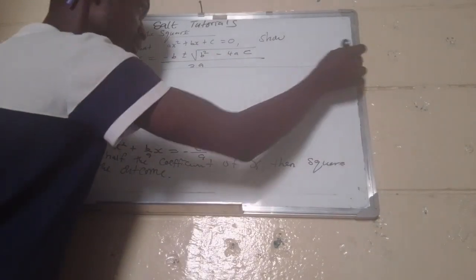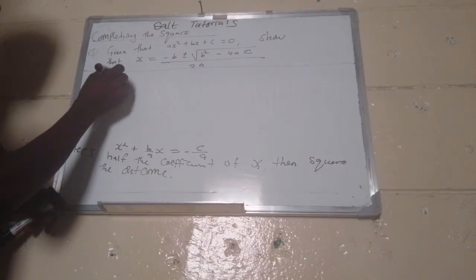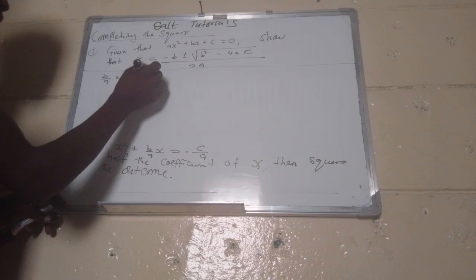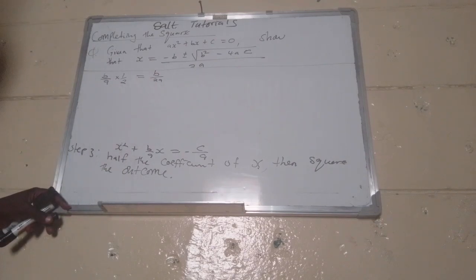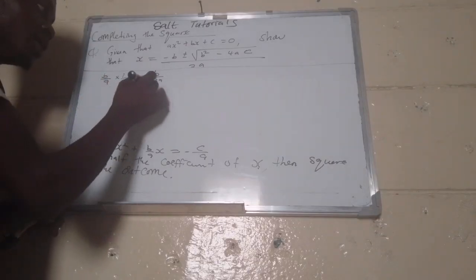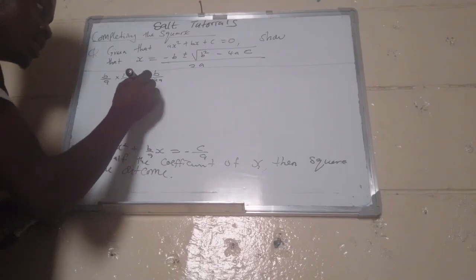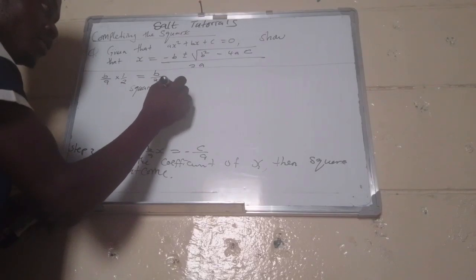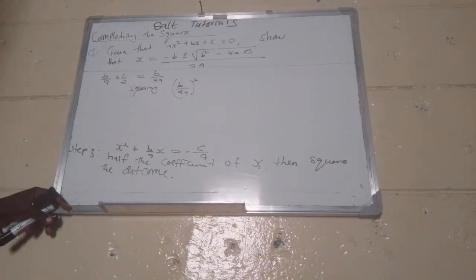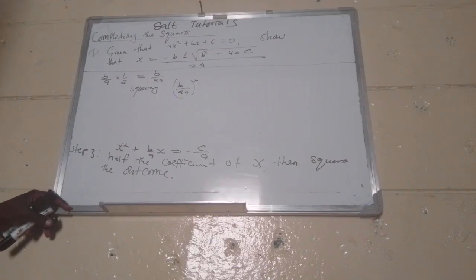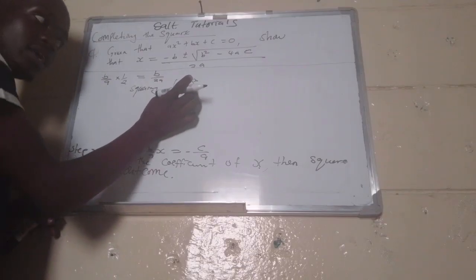If I half this, halving b over a means b over a multiplied by 1 over 2. This would be b over 2a. We are getting it? After halving it, we're told to square the outcome. Squaring it, we're going to have b over 2a squared. This is the outcome we have. Don't be quick to simplify this. Take it the way it is.